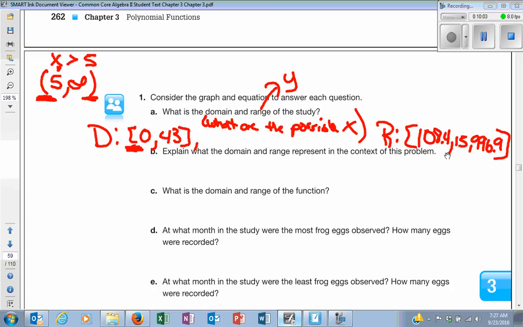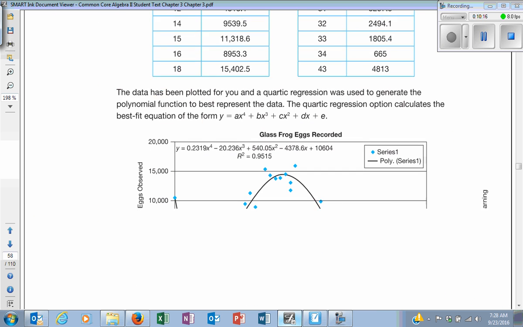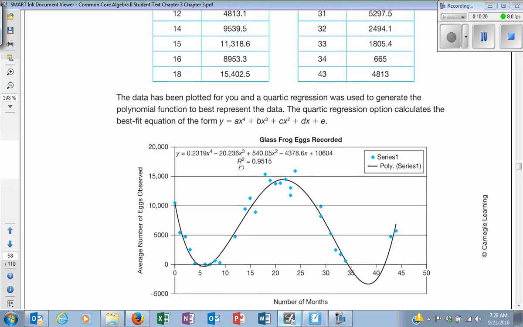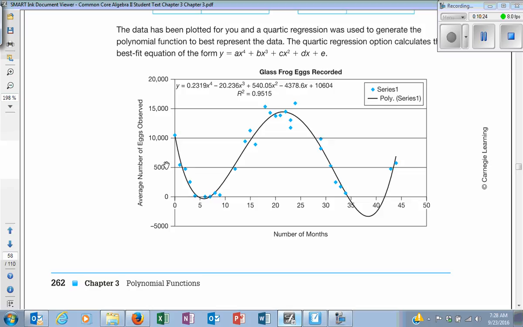The next one says, what is the domain and range of the function? The function is referring to this, this guy right here. That is the function. Is there anything that x is not allowed to be?